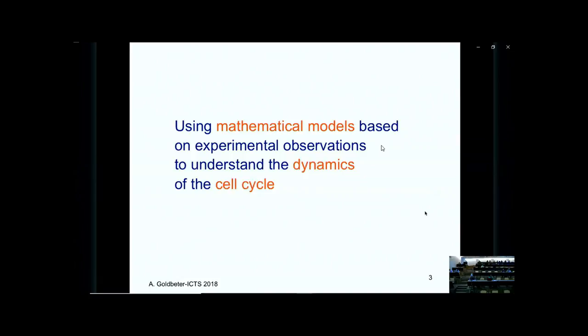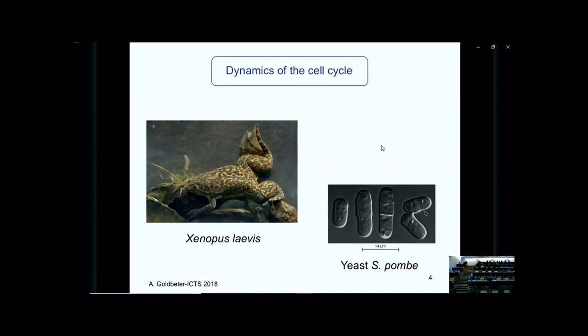Experimentally, the cell cycle has been studied first in model organisms, besides, of course, bacteria. Yeast, for example, has served and continues to serve as a very useful organism to study the cell cycle because there are many mutants available.